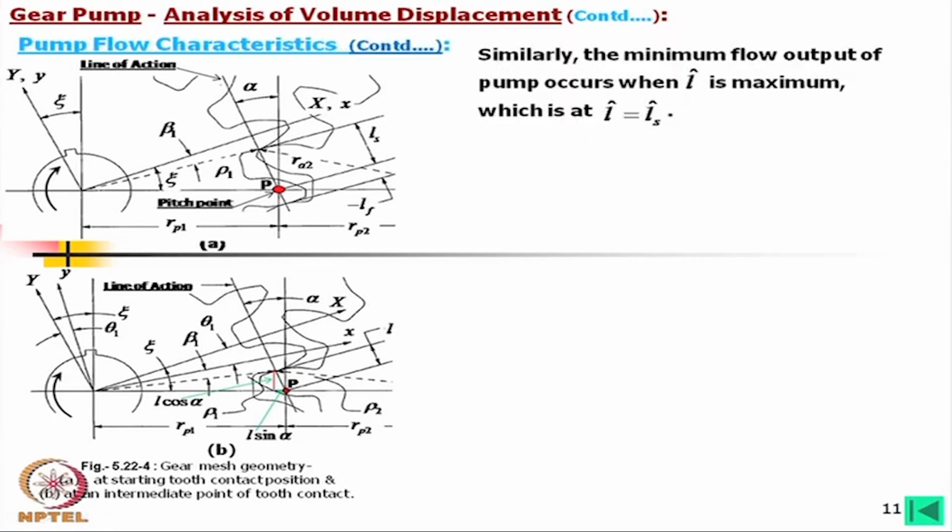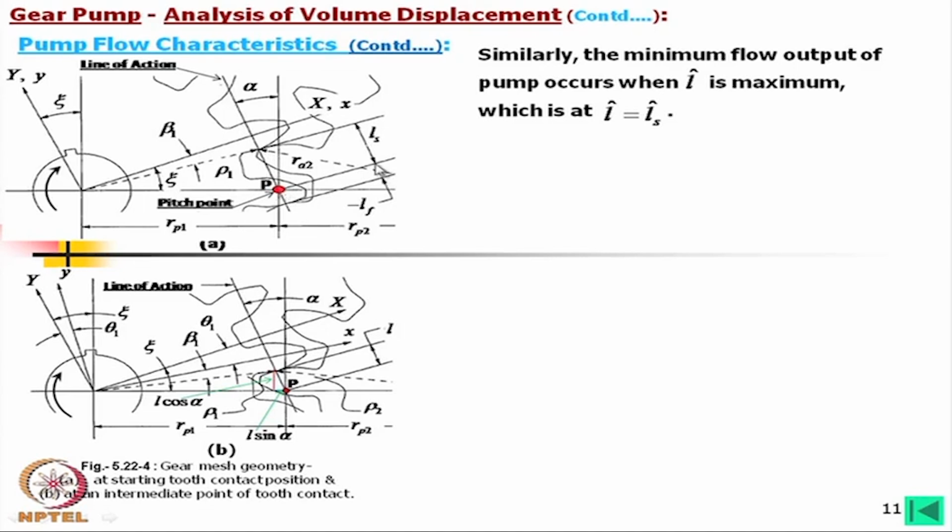Similarly, the minimum flow output of pumps occurs when L is maximum, that means when it is at the starting, because in this geometry we have considered that from this starting point it is gradually approaching to this point.